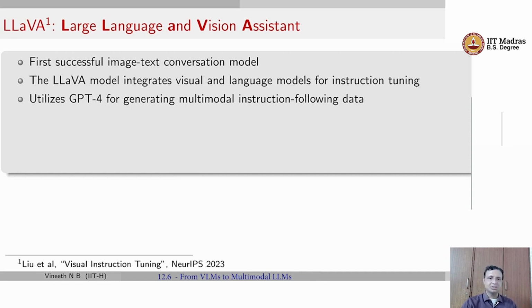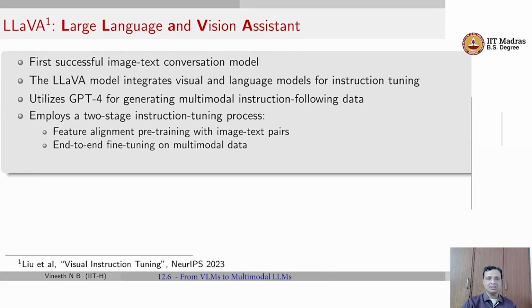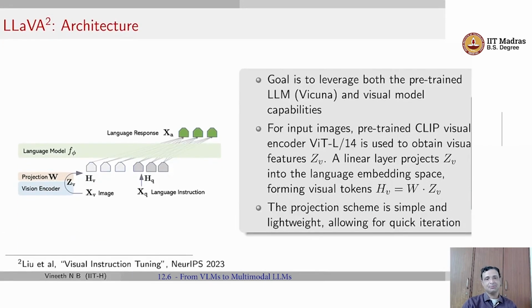We will see a few examples of their data as we go forward in this lecture. Their notion of instruction tuning, which they also call visual instruction tuning, employs a two-stage process. In the first stage, they align their features with image text pairs, and in the second phase, they do end-to-end fine-tuning on the multimodal data. Their overall objective is to improve zero-shot capabilities on multimodal tasks.